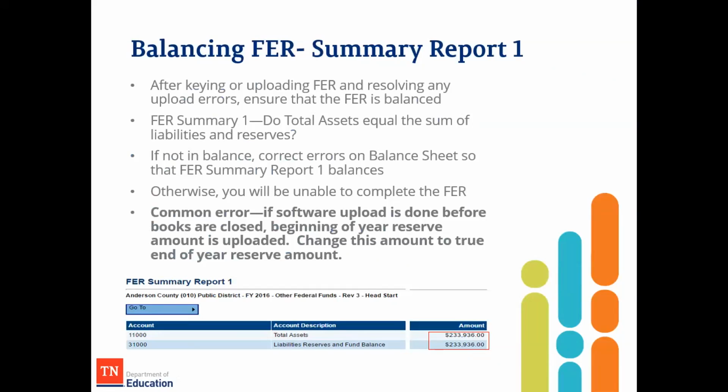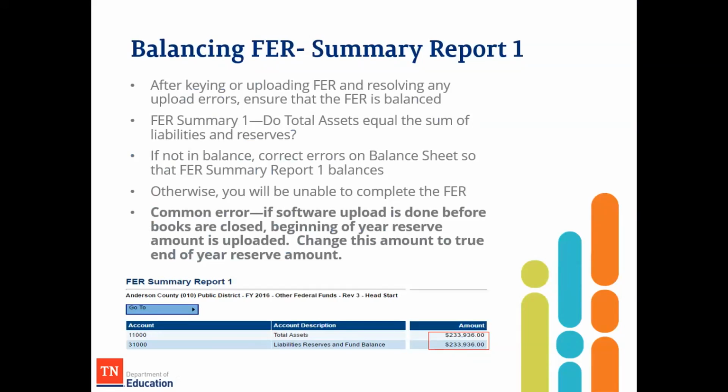If you're not in balance, you have to correct errors on the balance sheet so your FER Summary 1 report is in balance. Again, look at your total assets and do they equal the sum of your liabilities and reserves? If you're not in balance, you will not be able to complete the FER.